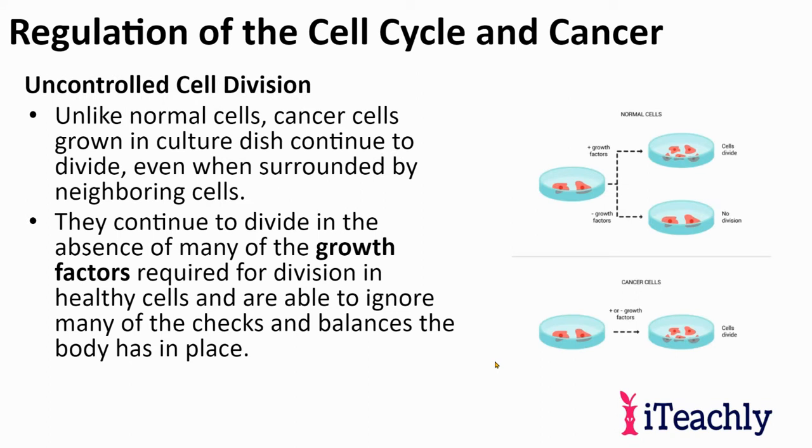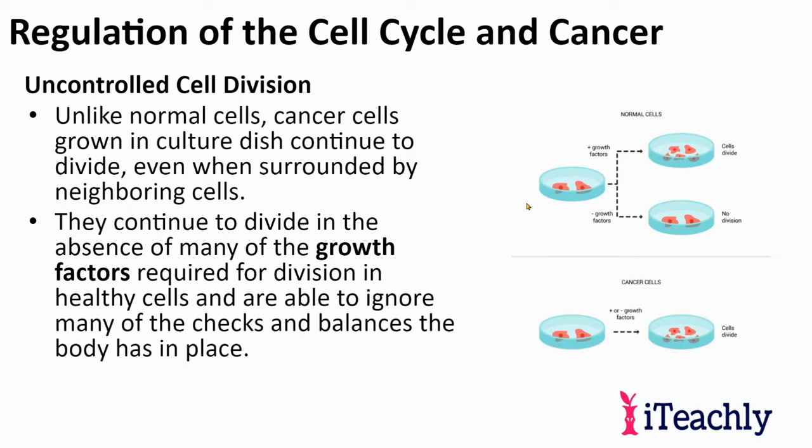So again, this is the one that I showed you before. So this is normal. So normal cells listen to the factors. Cancer cells do not listen to the growth factors. So unlike normal cells, cancer cells grown in a culture dish continue to divide even when surrounded by neighboring cells.